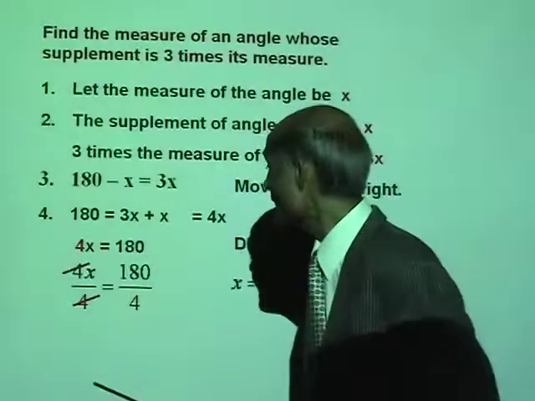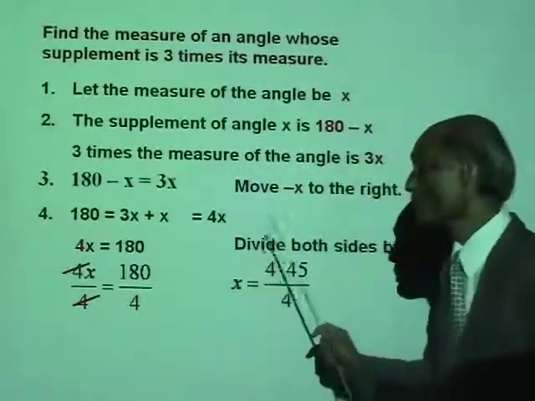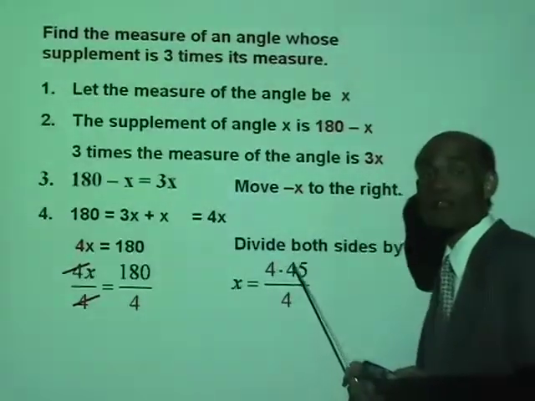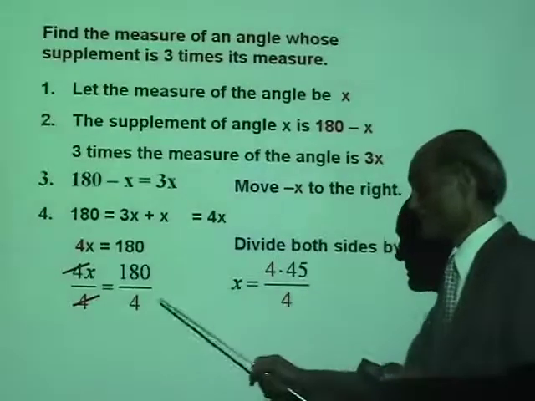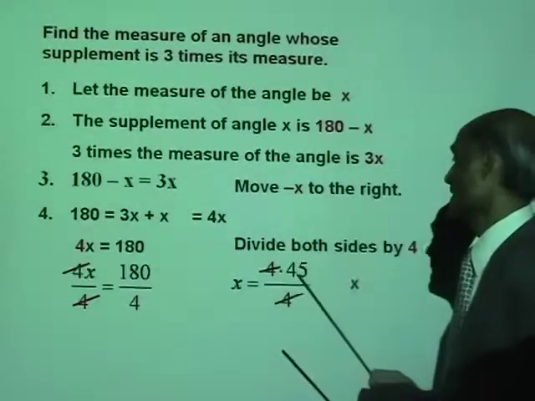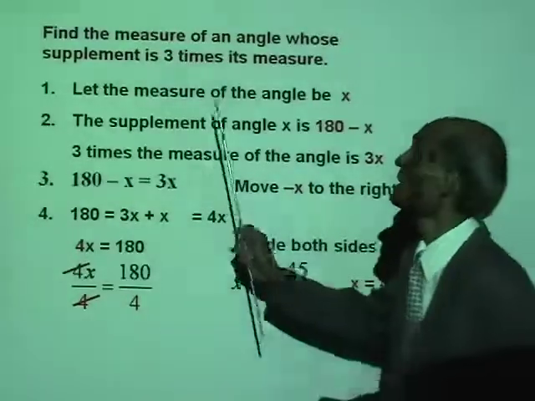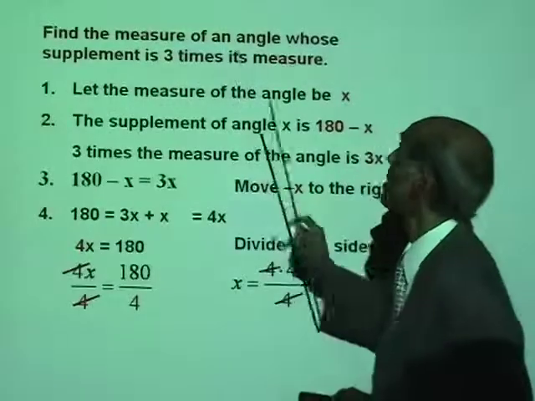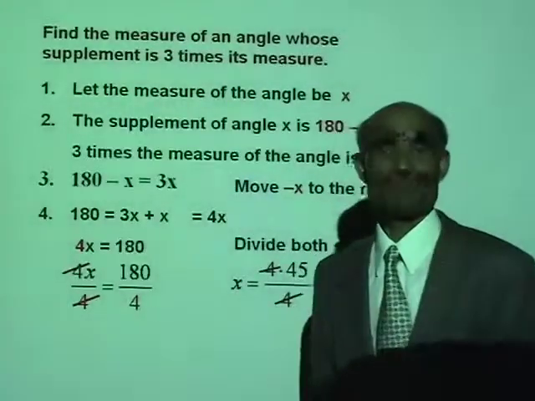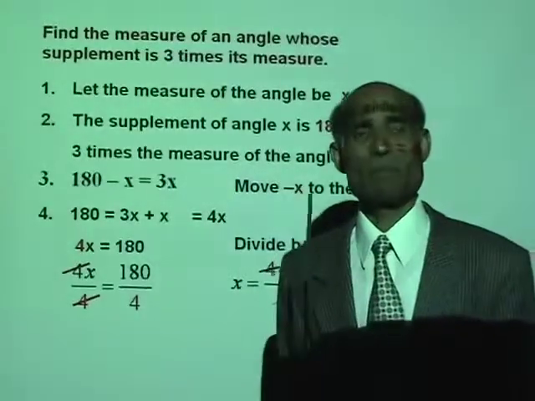So 180 divided by 4 is actually 45. 180 can be written as 4 times 45 divided by 4, and the 4 goes. That gives me x equal to 45 degrees. The required measure of the angle is 45 degrees. Okay, that's simple enough. I'm sure you can do these kinds of problems.